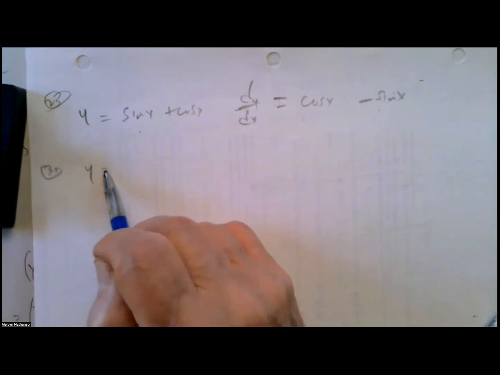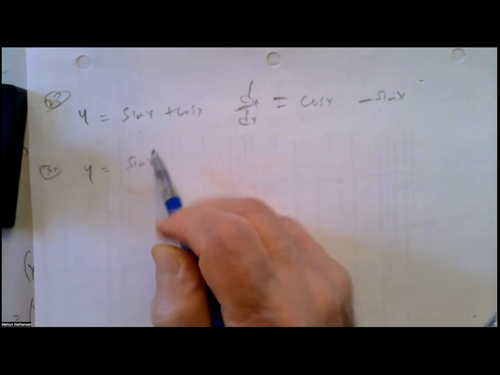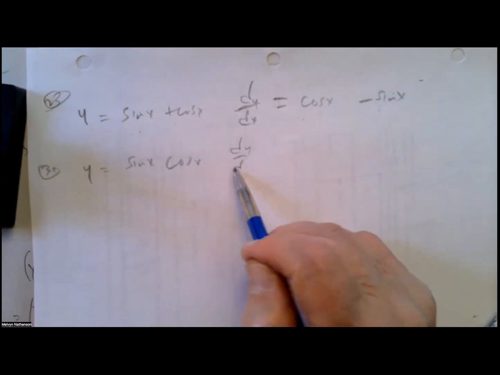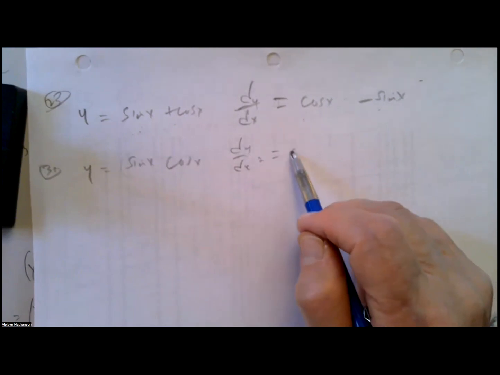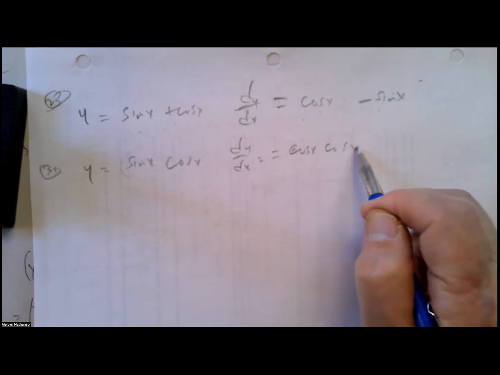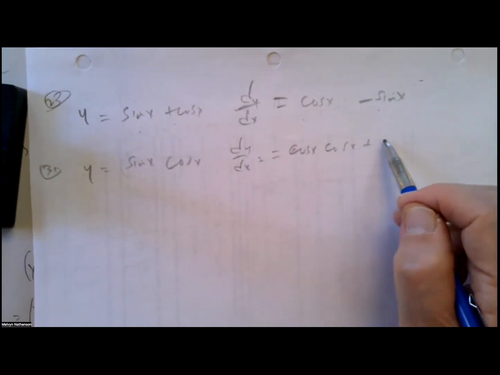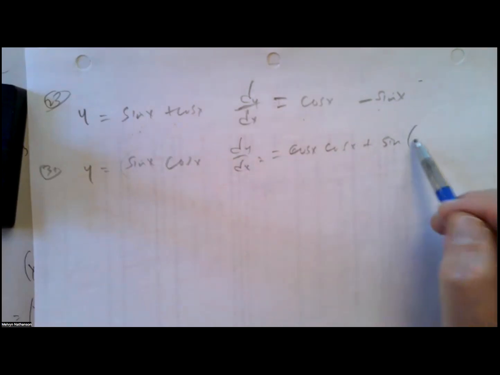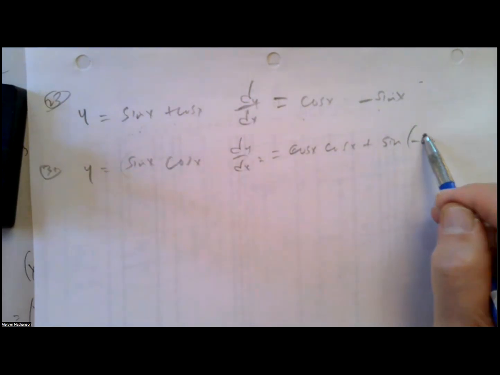Suppose I had the product sine x times cosine x. Then by the product rule, the derivative will be the derivative of the first, that's the derivative of the sine, which is the cosine, times the cosine, plus the sine times the derivative of the cosine, which is minus the sine.